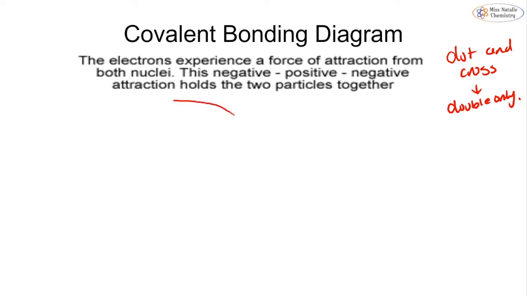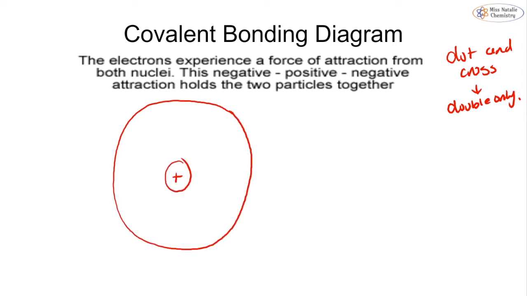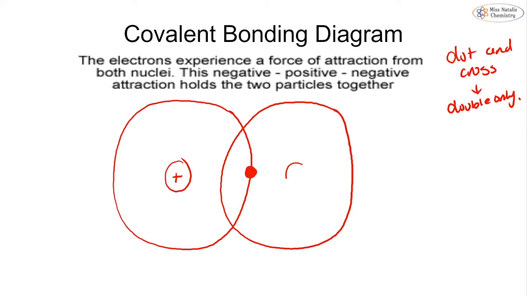So if we take one atom and we have our nucleus in the centre, it is going to have an electron. Yes, we're going to say that this is a hydrogen atom. So it's got one electron. And what this does to bond with another non-metal to form a covalent bond is they overlap their electron orbitals like that.